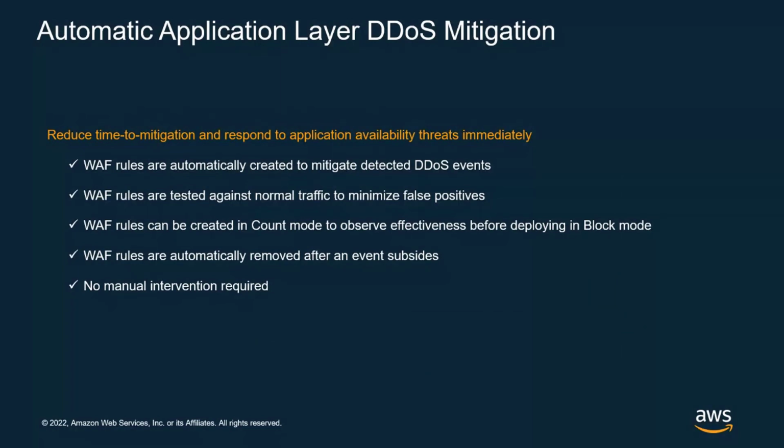And so now I want to transition over to that new feature that I discussed. We launched this feature about 3 to 4 months ago. It is our automatic application layer DDoS mitigation feature. If we go back to the process right now, we have proactive event response.